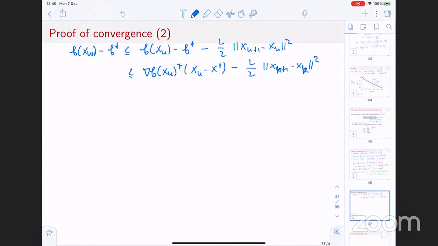Okay, and now I'm going to say that this is equal to minus L times xk plus 1 minus xk transpose xk minus x star minus L over 2.